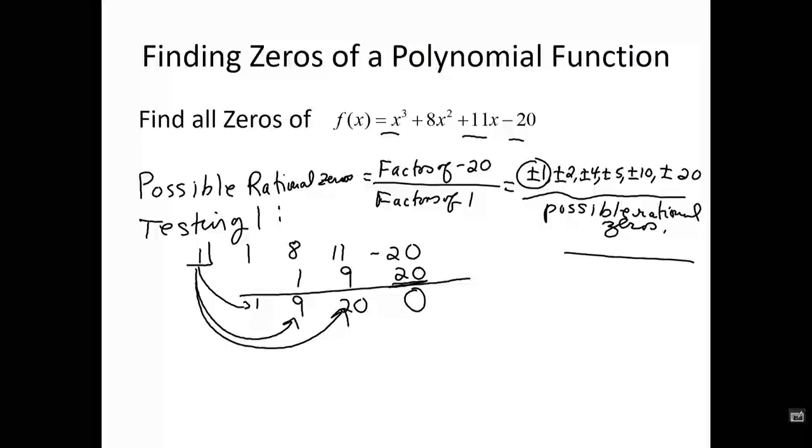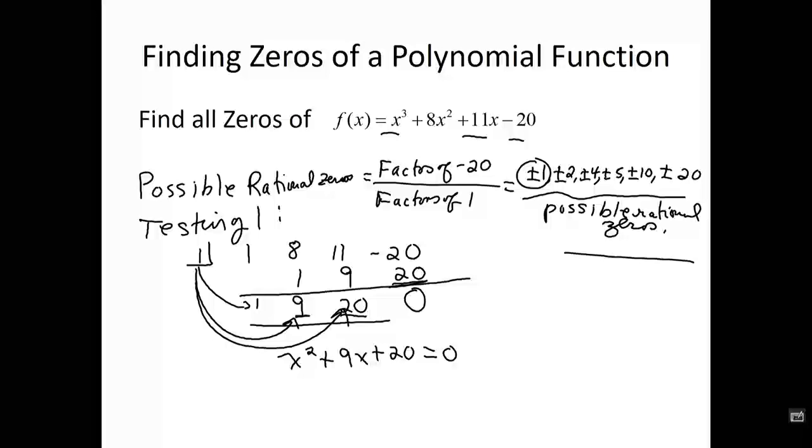So the quotient is given by the bottom line. So the quotient upon dividing by x minus 1 would be x squared plus 9x plus 20, which is equal to 0.